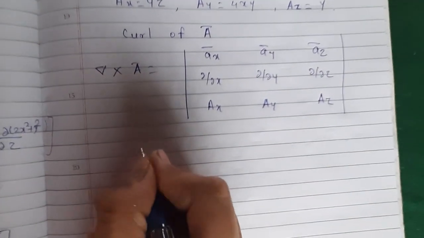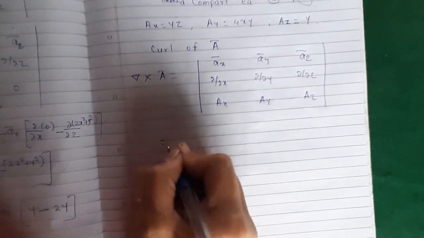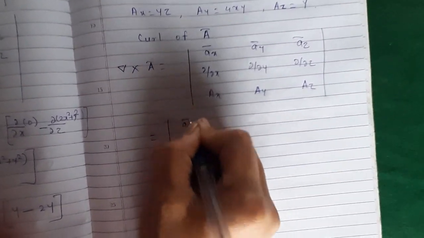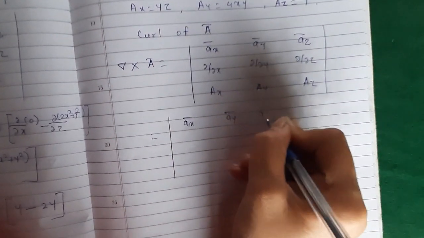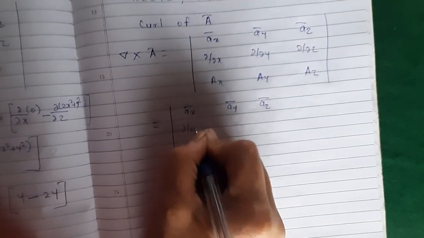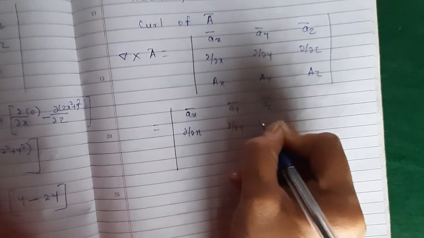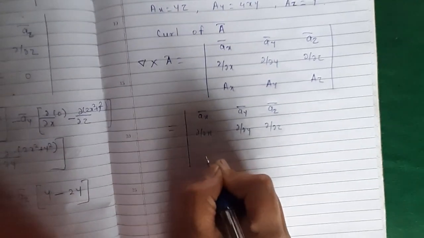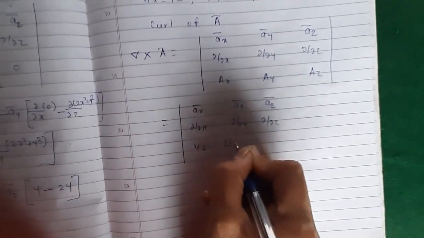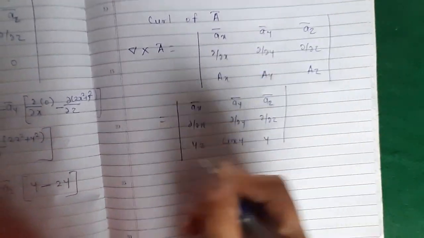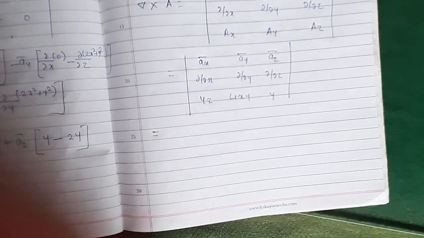So we substitute here values of ax, ay and az. So it is yz, 4xy and it is y. Now we solve this determinant.